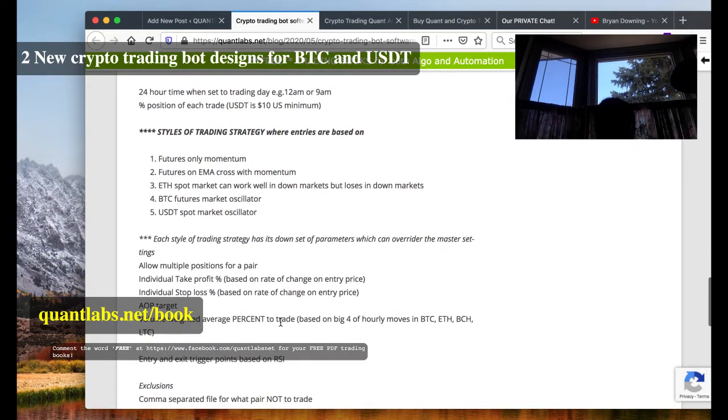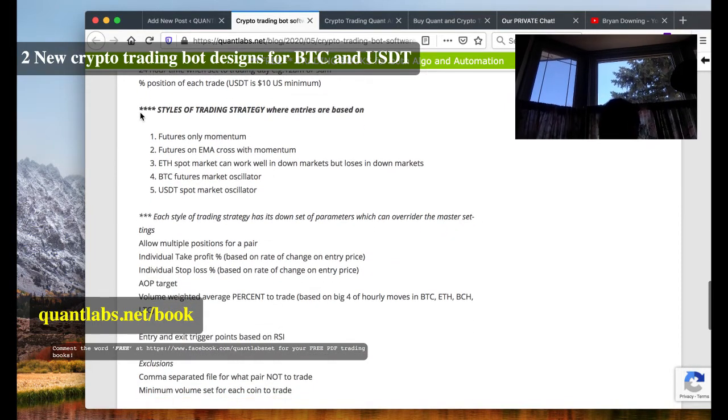Now, as I said, we have five bots here, or five styles. More to come. Some may be taken away because of risk or whatnot. But you can see here, the idea is you will have a very detailed level of control on how these bots trade.